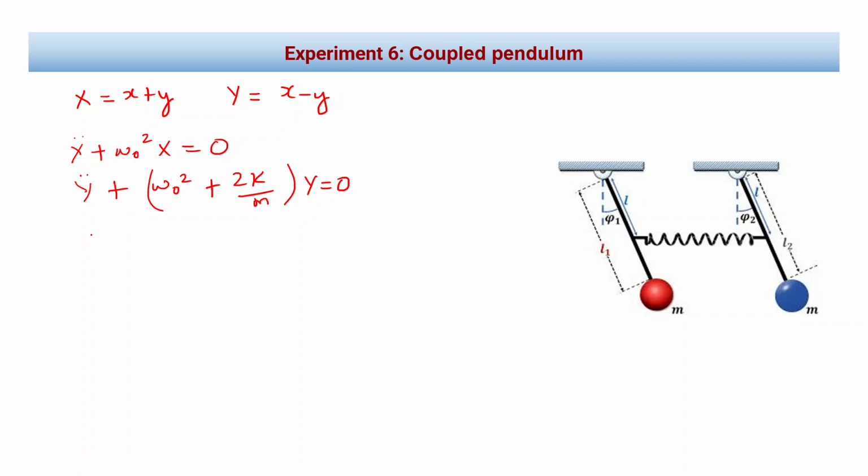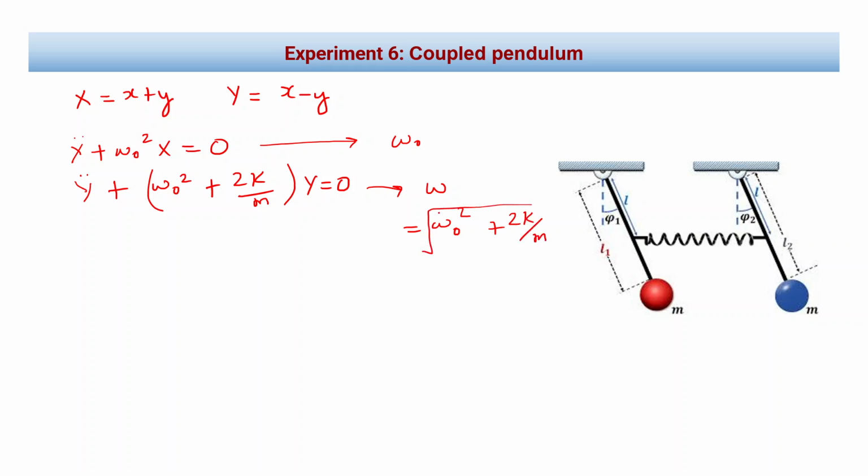Solving these equations, you can see that this is a simple harmonic equation, and this is also a simple harmonic equation, with different values of angular frequency. For this one, the angular frequency is omega naught. For this one, there is another angular frequency, which is the square root of omega naught square plus 2k by m.